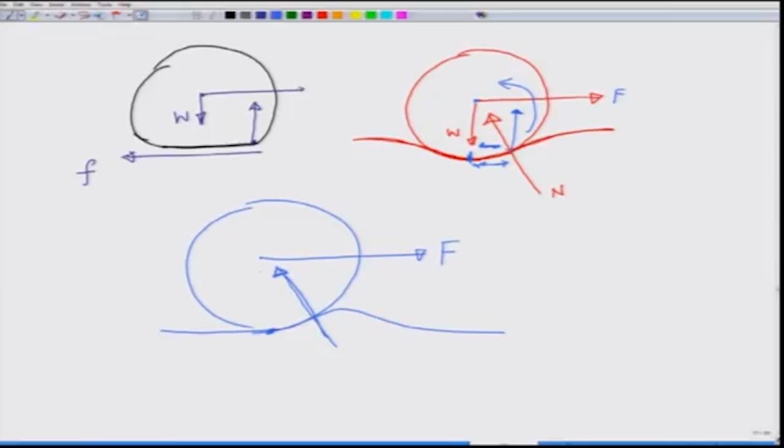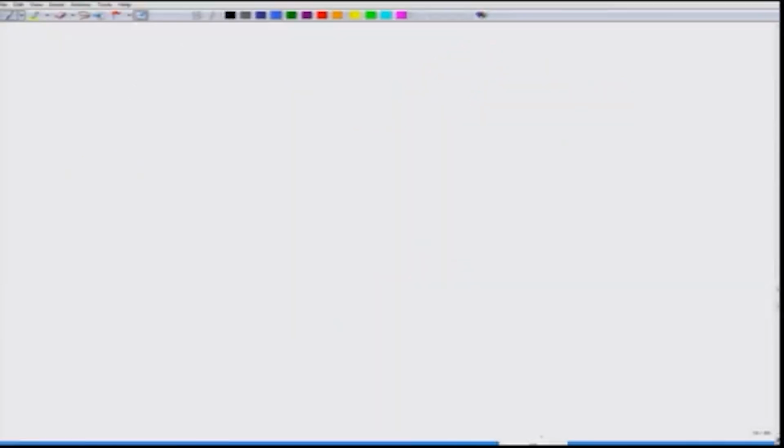So, let us do one calculation. Let us take the case where there is a deformation on the surface, and therefore, there is a normal reaction N. There is a force F which is trying to make the wheel roll over.